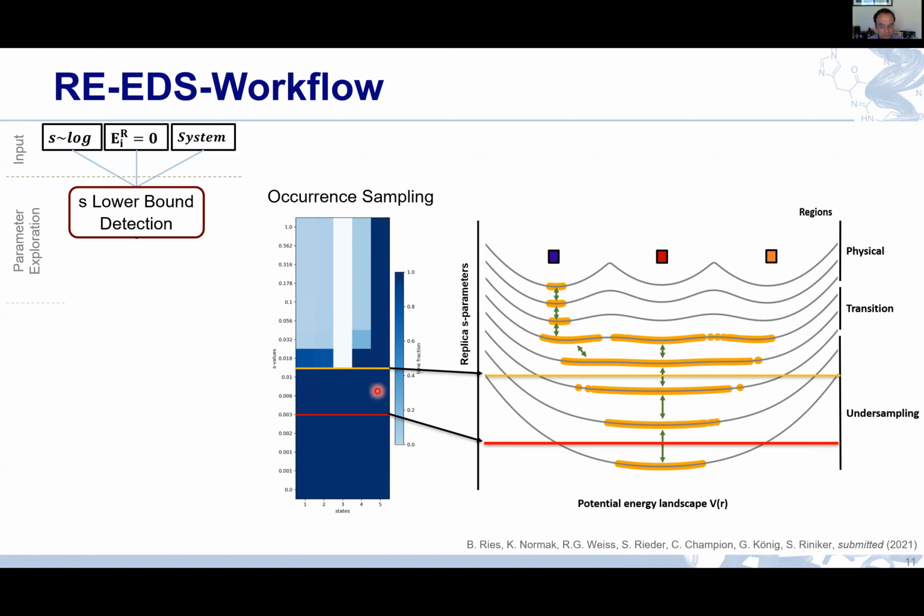And this very blue down here shows that all the different states are contributing to the reference state sampling at the same time point. This is what we determine as undersampling. And in this first step, as I said before, we detect this yellow limit and then add 2 replicas to it to get a lower bound of our replica distribution.